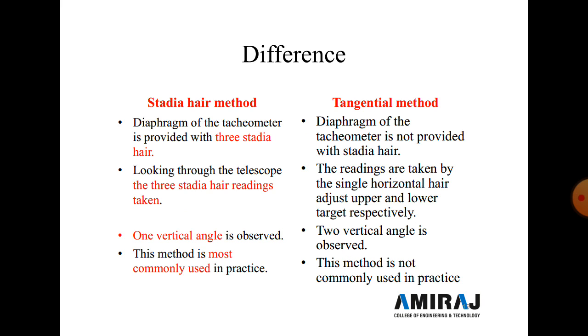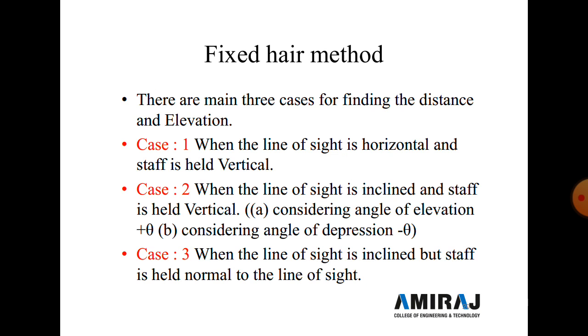Looking through the telescope, the 3 stadia hair readings are taken, whereas in the tangential method the readings are taken by the single horizontal hair at the upper and lower targets respectively. In the stadia hair method one vertical angle is observed, and in the tangential method two vertical angles are measured. The stadia hair method is the most suitable and commonly used method, and the tangential method is not used in common practice because it is tedious and difficult.